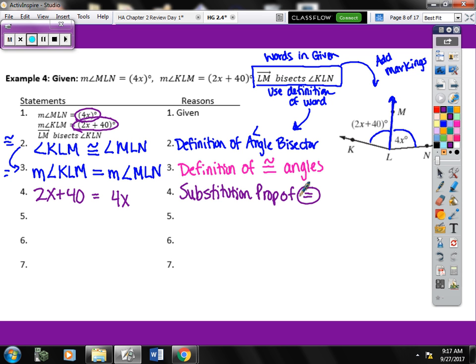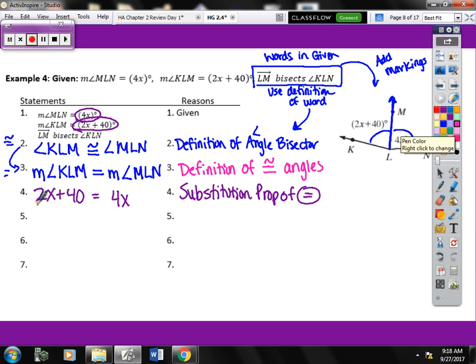Now, some of you, when you solve this by hand, you like move things from one side to the other in your head. You can't do that in a proof. Okay, so you'll notice that there's 7 lines. Most of you would solve it in 6 just by using a property to switch everything around.